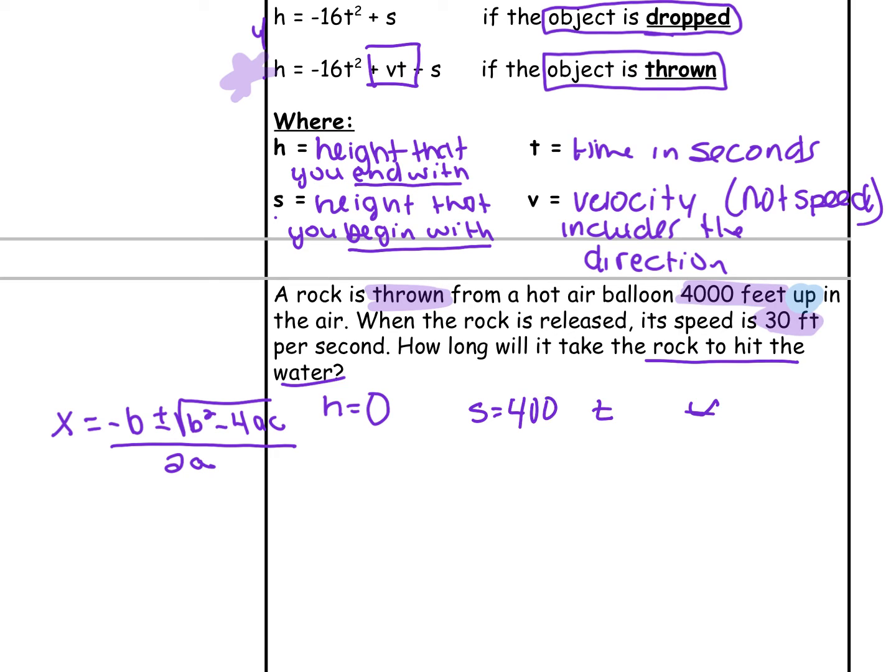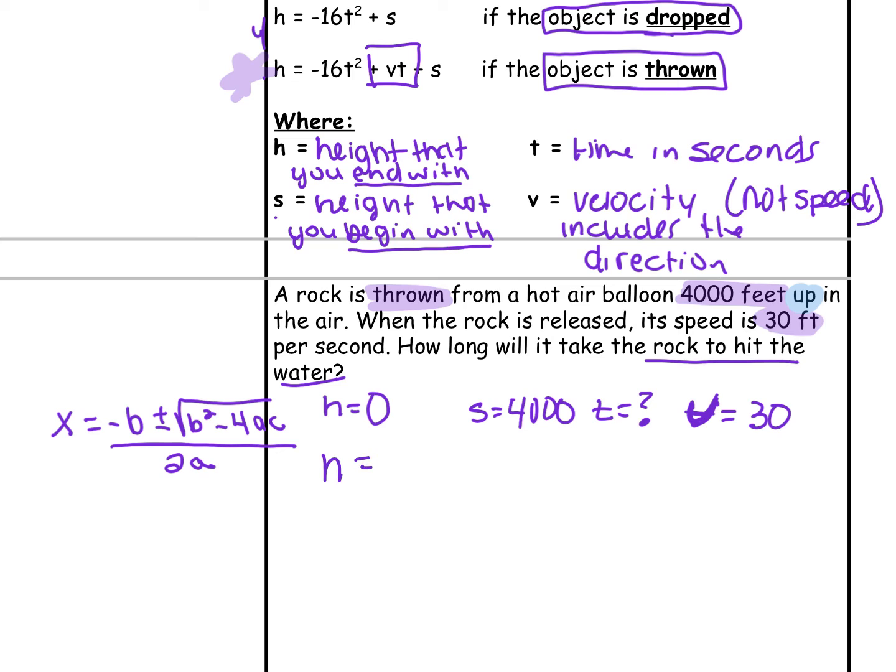That's 400 feet. Our T, that's what we're wanting to know, so this is our unknown. And our V, like I said, it was being thrown upwards, so it is going to be a positive 30. So now let's go to our formula that we were given.